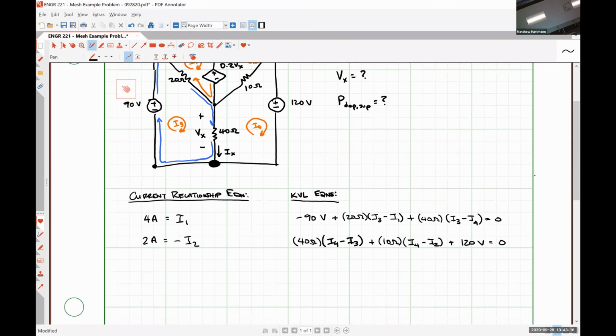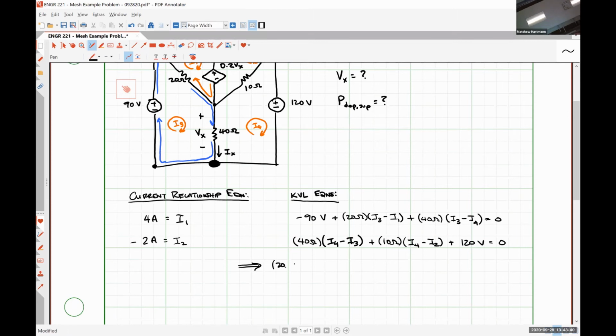All right. So now we have 4 equations, 4 unknowns, but we can do some simple substitutions. Since I1 is 4 amps and I2 is negative 2 amps, let's slightly rewrite equation 1.